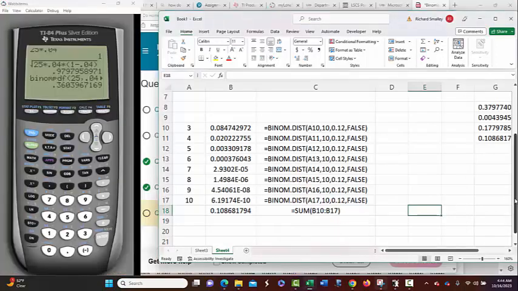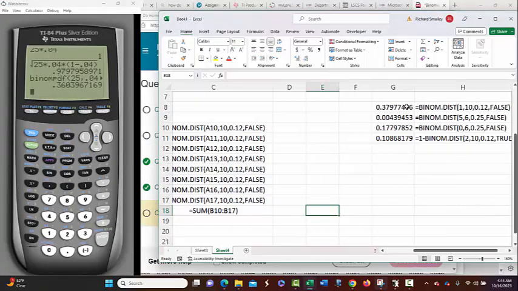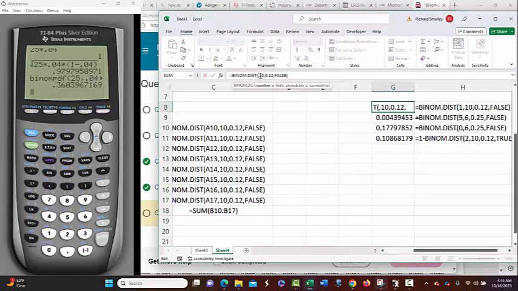I just come back up here, over here, and pick any of these. I want to use one of the false ones right here, so that one's good. It was 0 successes, 25 trials, and it was 0.04.